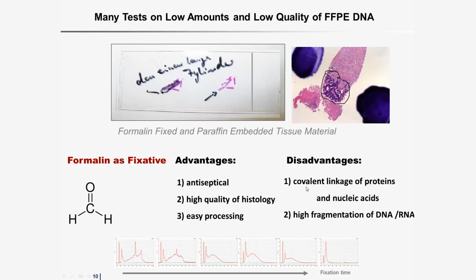But it causes covalent links of proteins and nucleic acids, and that leads then to high fragmentation of DNA or RNA, and that is mainly due to the mechanical forces during isolation. And here you can see for RNA how the size of RNA is decreasing during the fixation time. Here you have only very low molecular weight molecules.